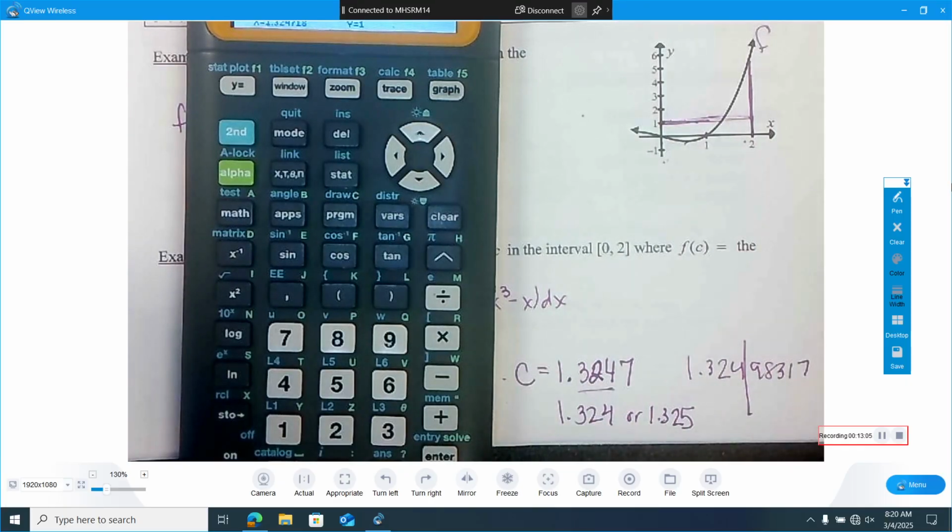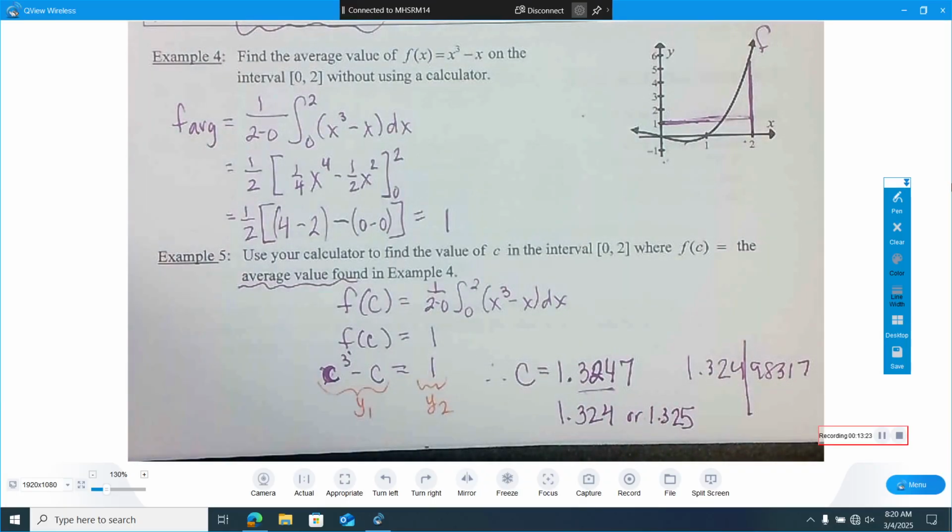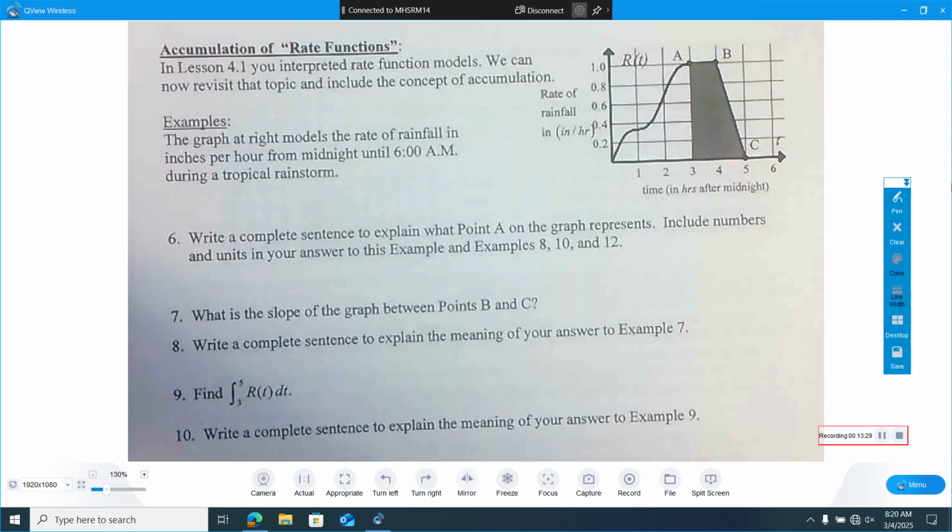We'll practice more of this too, but store those big long decimals, or at least carry 5 decimal places. Use 5 to get a 5 is sort of what I say. Carry 5 decimal places through your problem, and don't do less than that until the very end. But we will do more of that as we review.